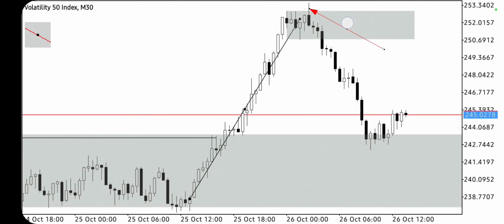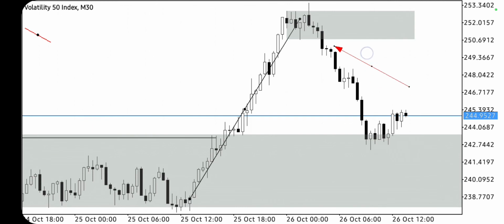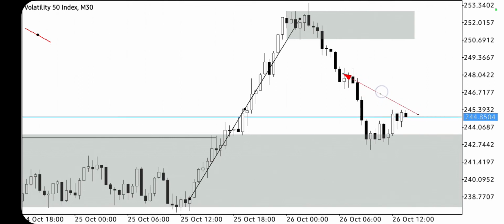The market broke out the ranging area, and then we had a series of moves to the downside with little bull in control. This is the only candle that formed after the breakout of this range zone.